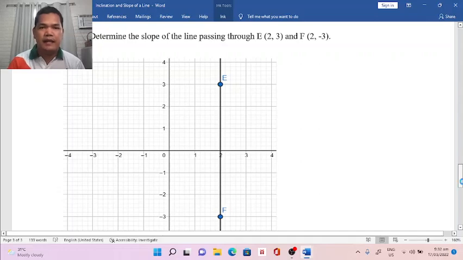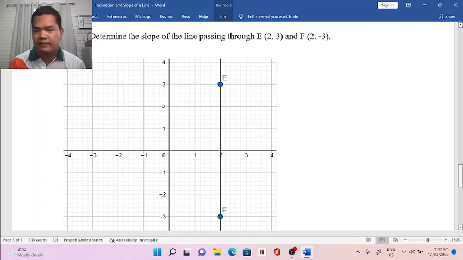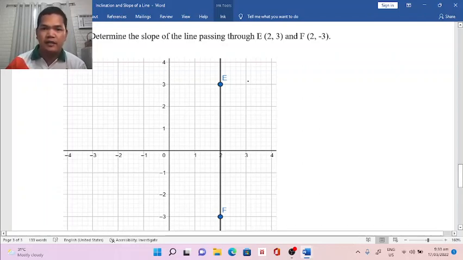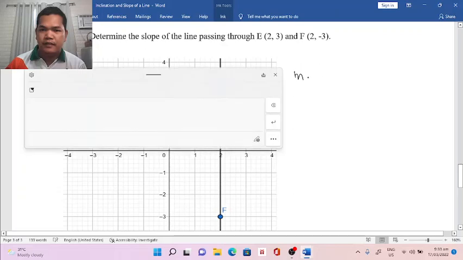Determine the slope of the line passing through E, 2, and 3, and F, 2, negative 3. As you can see, the line being formed is a vertical line. So let us now determine the slope of a vertical line. m is equal to y sub 2 minus y sub 1 over x sub 2 minus x sub 1.